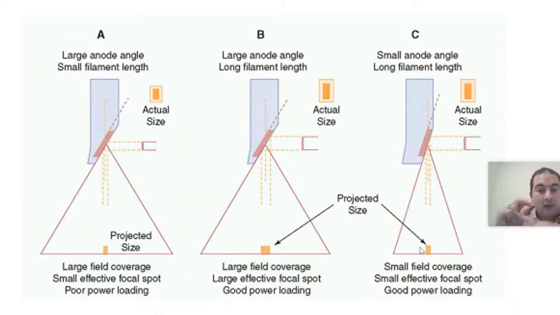My actual focal spot size decreased, but the power loading remains unchanged because the change that occurred in the actual focal spot size is not significant in this case. The resolution is supposed to improve, allowing you to achieve better resolution without overloading the anode or the tube.